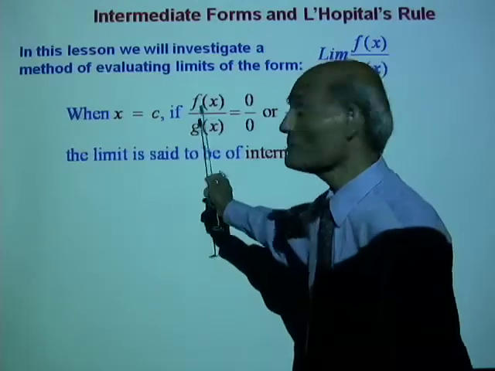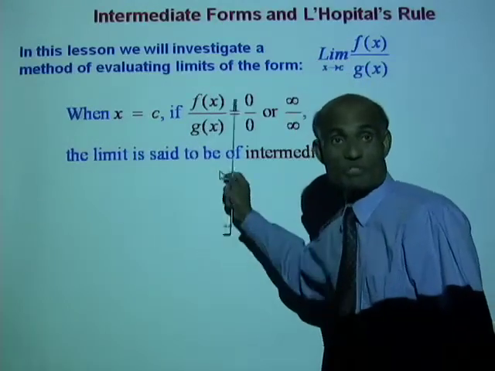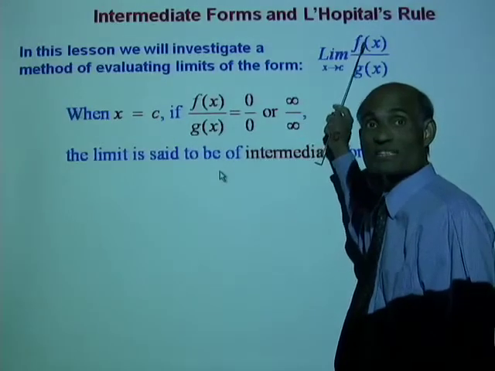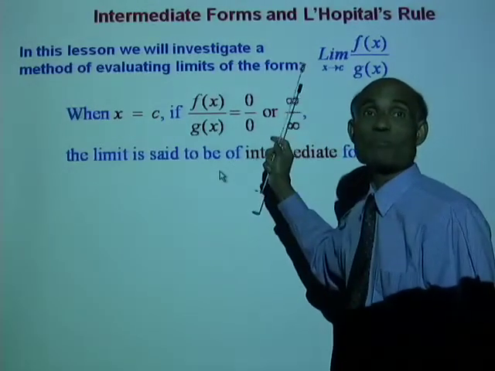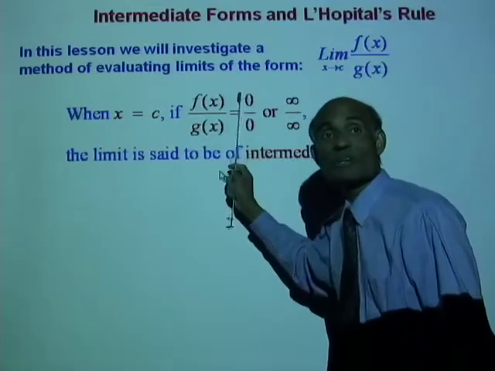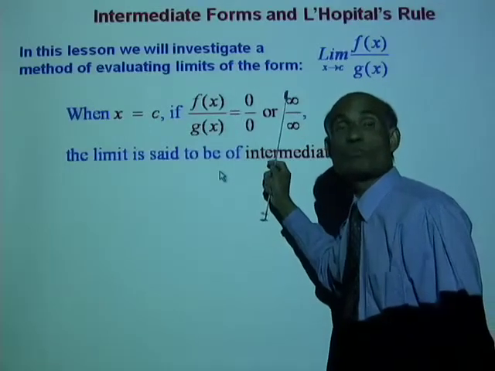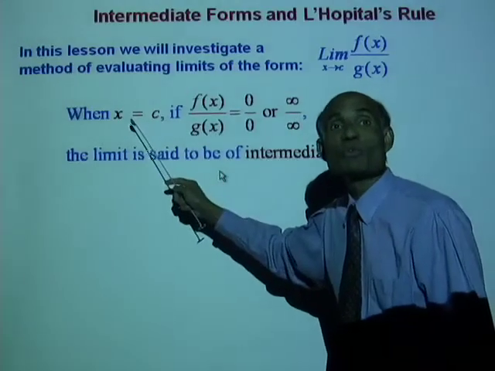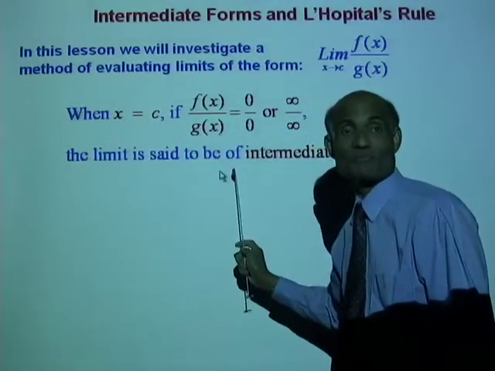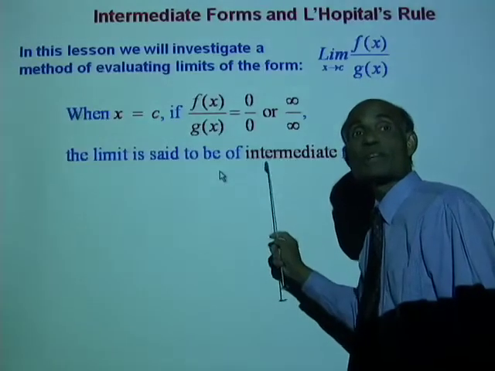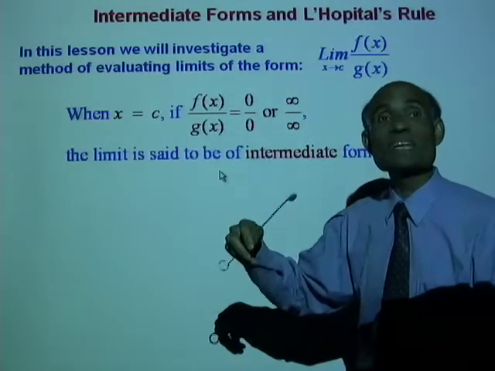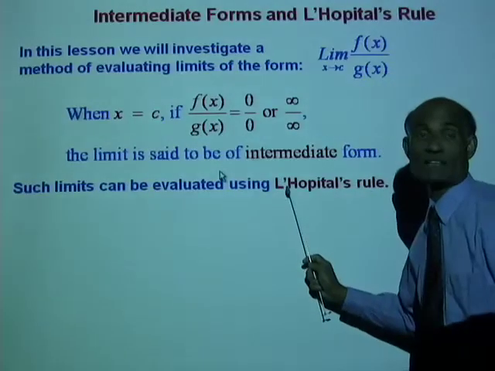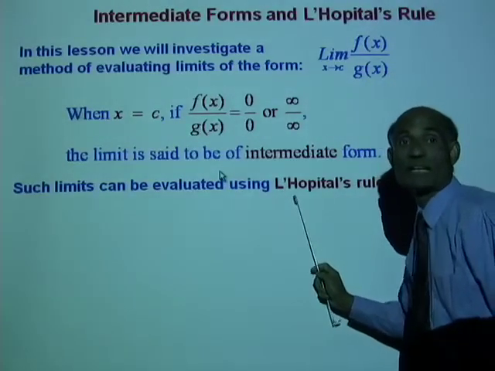Now, limits of this type, limit as x approaches c of f of x divided by g of x, if such limits yield 0 over 0 or infinity over infinity when you do the direct substitution, then these limits are said to be of the indeterminate form, and we have a rule that can be used to do that.